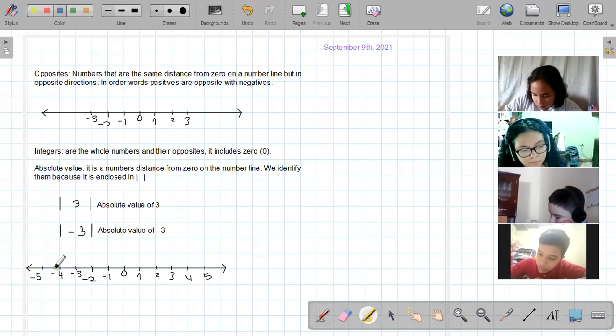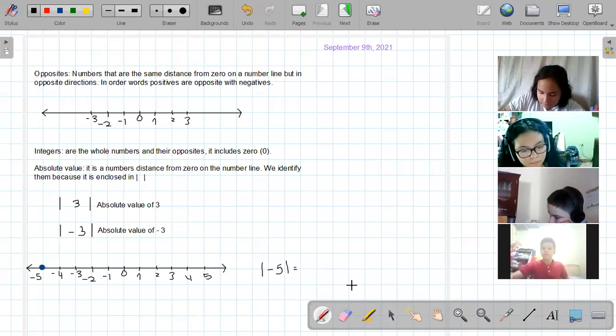Now I'm going to find the absolute value of -5. So I'm going to write absolute value of -5. According to the definition, the absolute value is the distance from 0 to the number that I'm working with, in the number line.